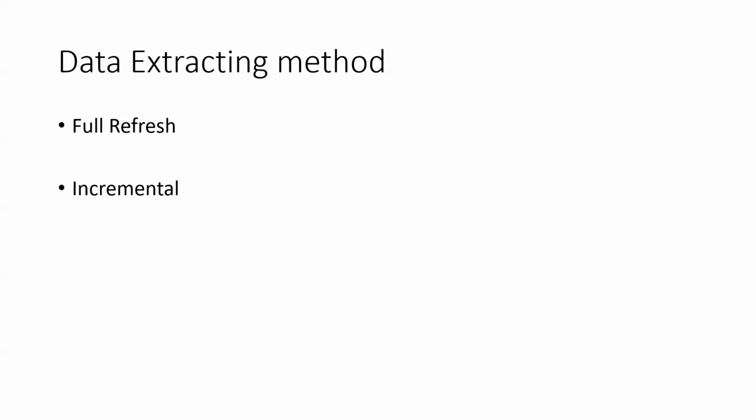Whatever data I have received till today, I will not take again because it's already there in the target systems. I will only analyze the extra records received today, and that will be pushed to the target. The target will handle it with a different loading strategy, which I'll explain in the next slide.